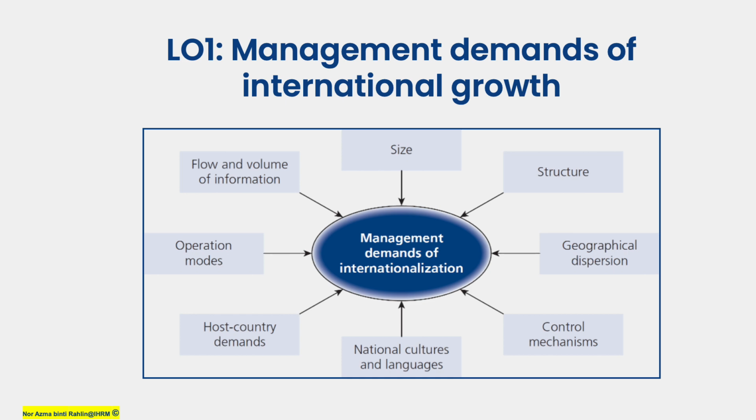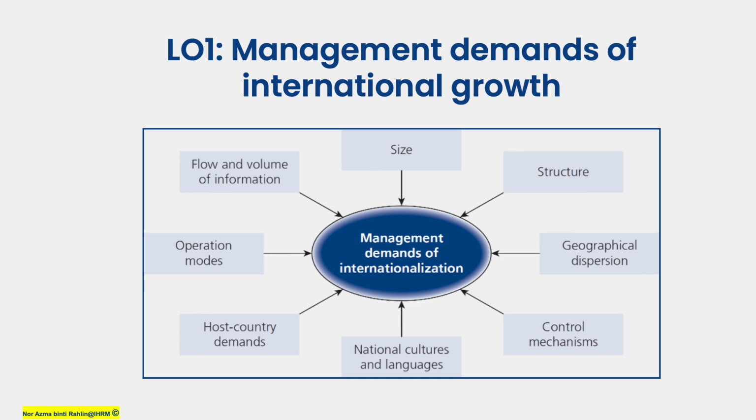The next factor that could influence your international growth is national culture and language. So whenever you enter a foreign country, you try to adapt to the cultural and linguistic differences in the business. Host country demand, of course, each country has a unique political system, economic system and law.